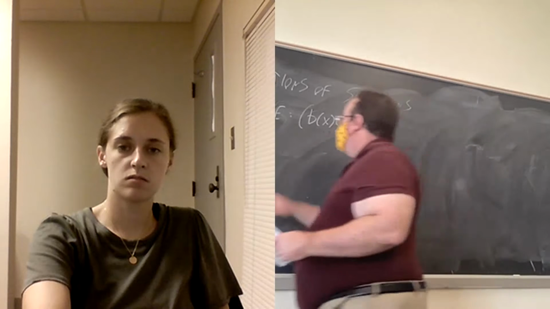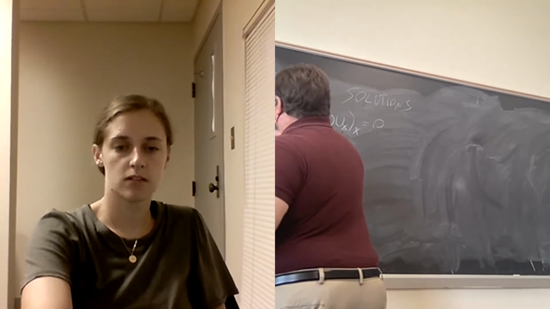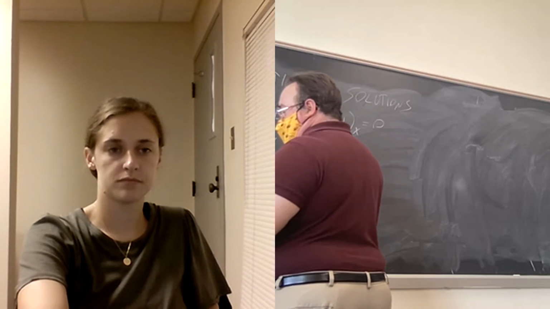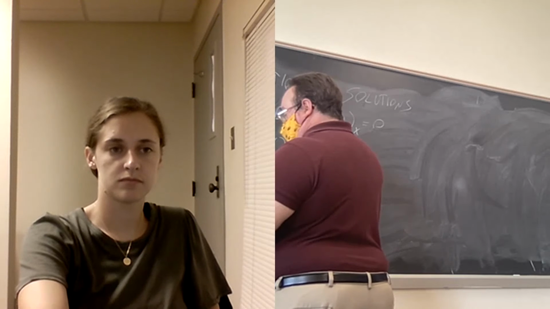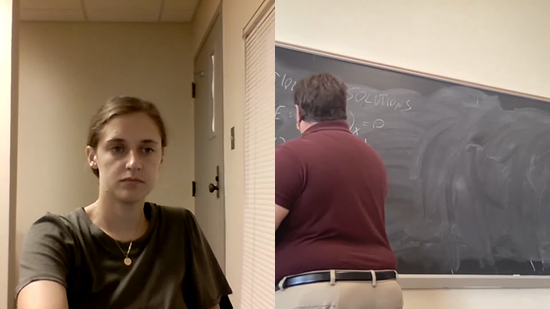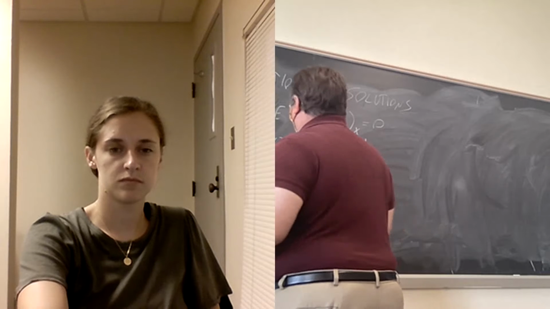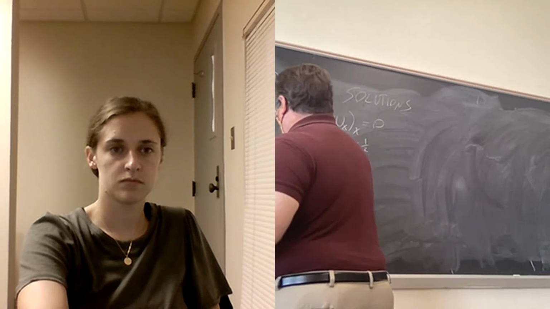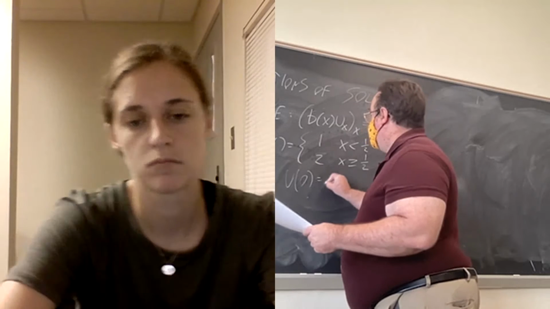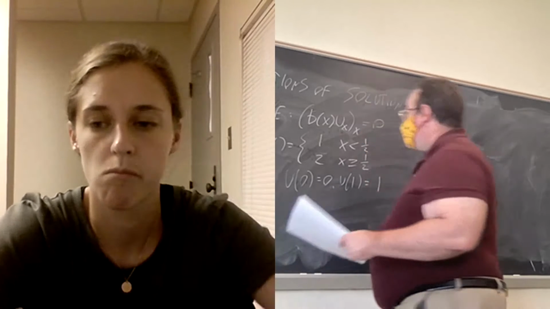The coefficient, however, is discontinuous. It is equal to 1 when x is less than a half, and equal to 2 otherwise. And then we have the boundary conditions. U of 0 is 0. U of 1 is equal to 1.